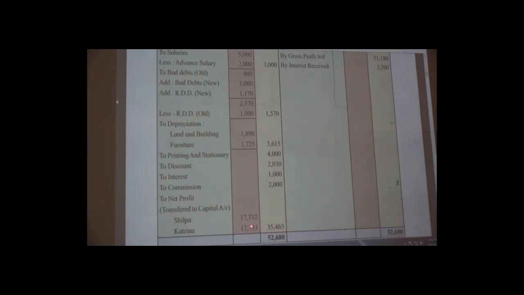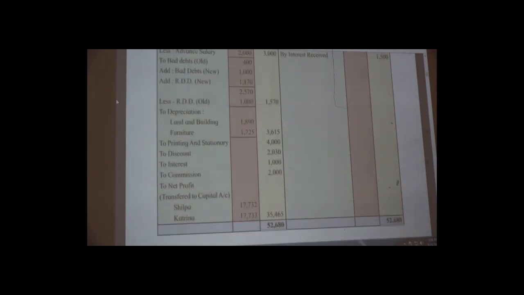It will be 17,732.5. We will have to take the round off, avoid the fraction. So distribute the 50% amount to the first partner and the remaining 50% will be given to the second partner. Okay, so this is the only difference you will find here, as in partnership, all the partners will get the profits and losses after distribution.